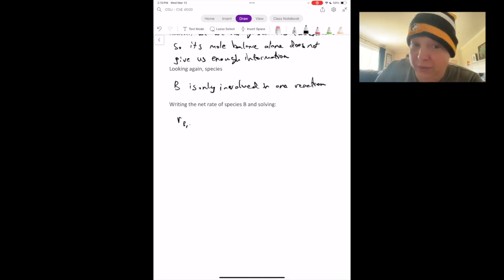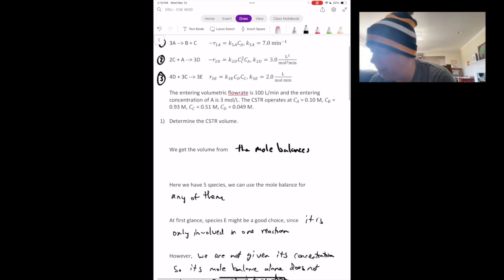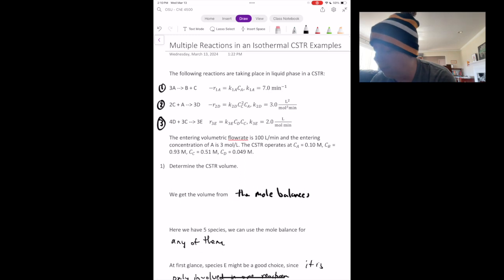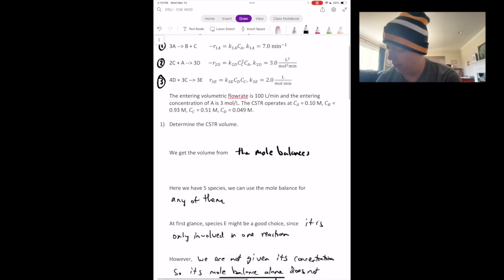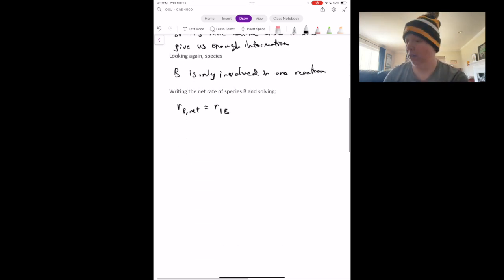So the net rate of species B is going to be the rate in reaction 1, because that is where species B is involved. It's not involved in any other reactions. If we go back and look, reaction 1, the rate is given to us with respect to species A. So we're going to need to adjust a little bit, and we can use the relative rates equation to do this.